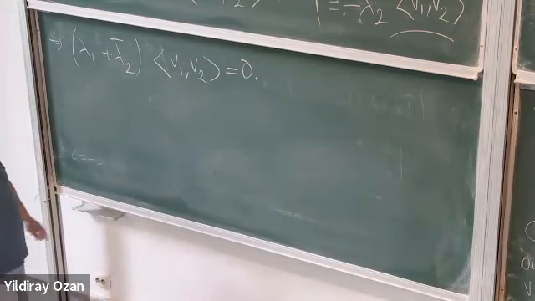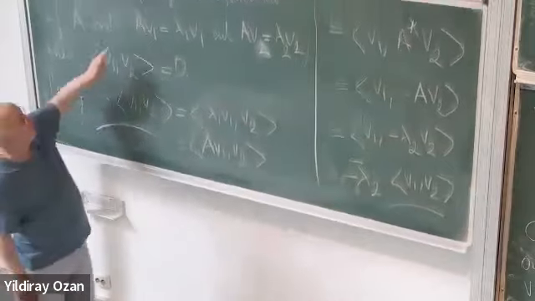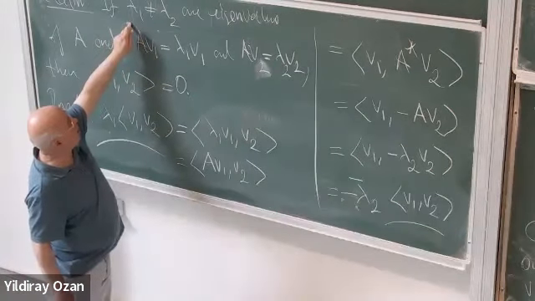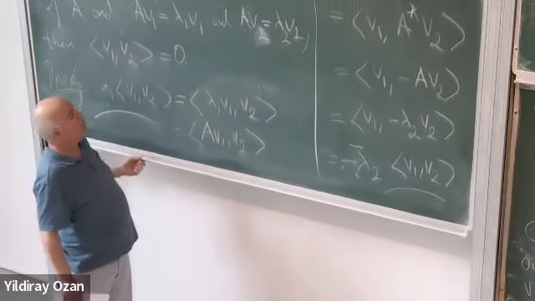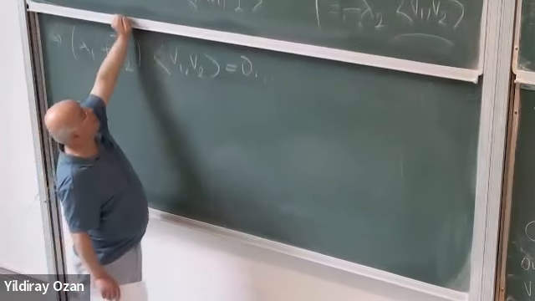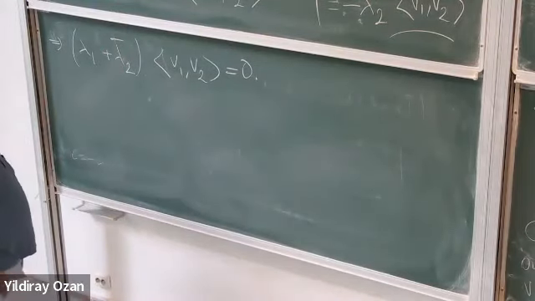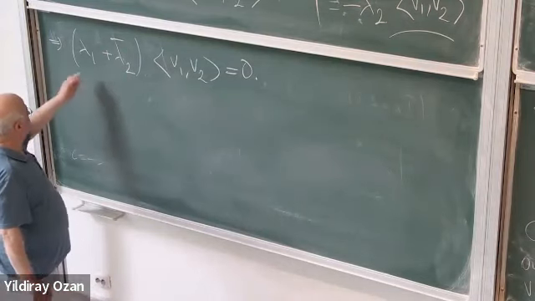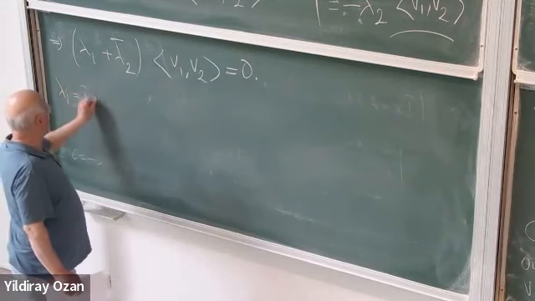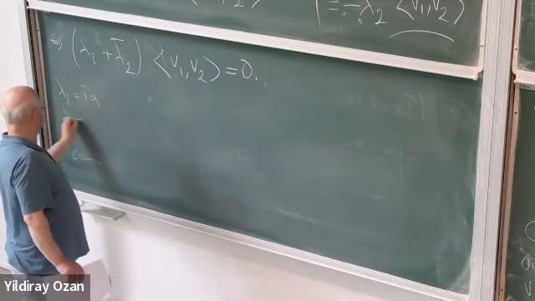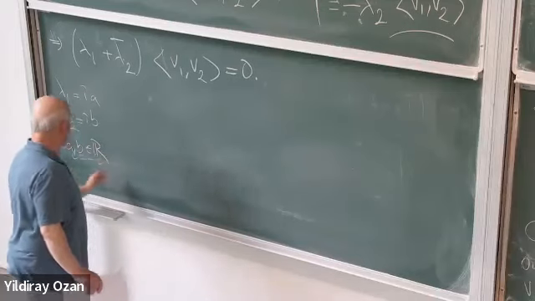Well, we said that lambda 1 and lambda 2 are distinct eigenvalues, and we know that they are purely imaginary. So let's say lambda 1 is just i times a and lambda 2 is i times b, where a and b are real numbers.